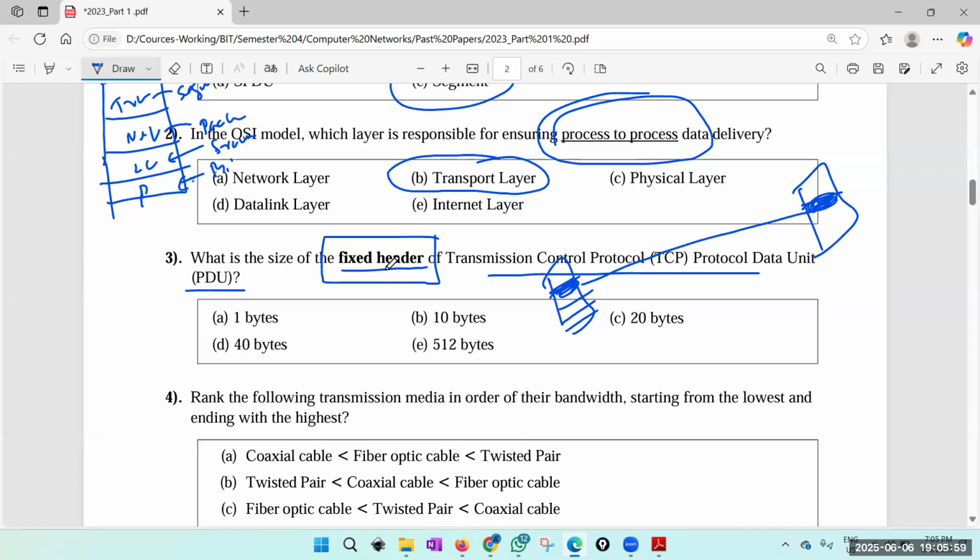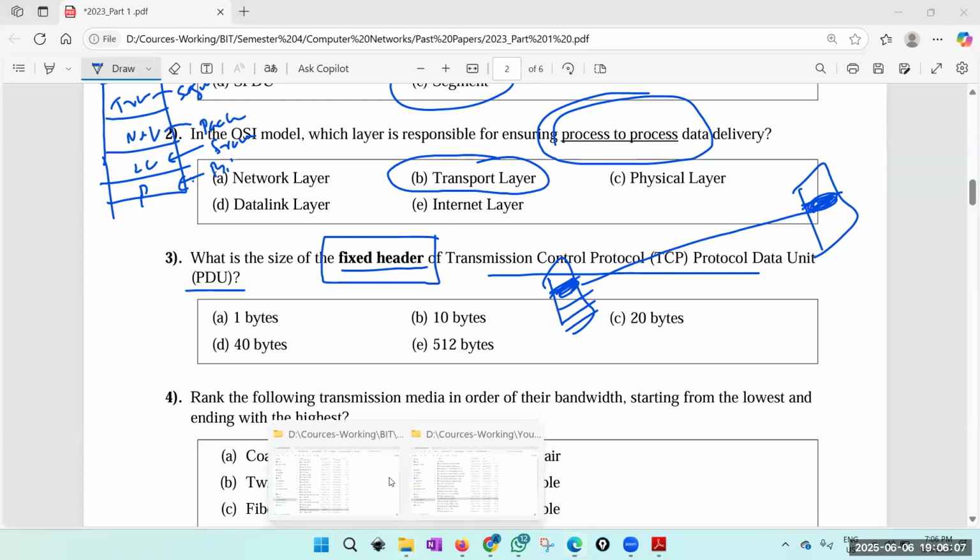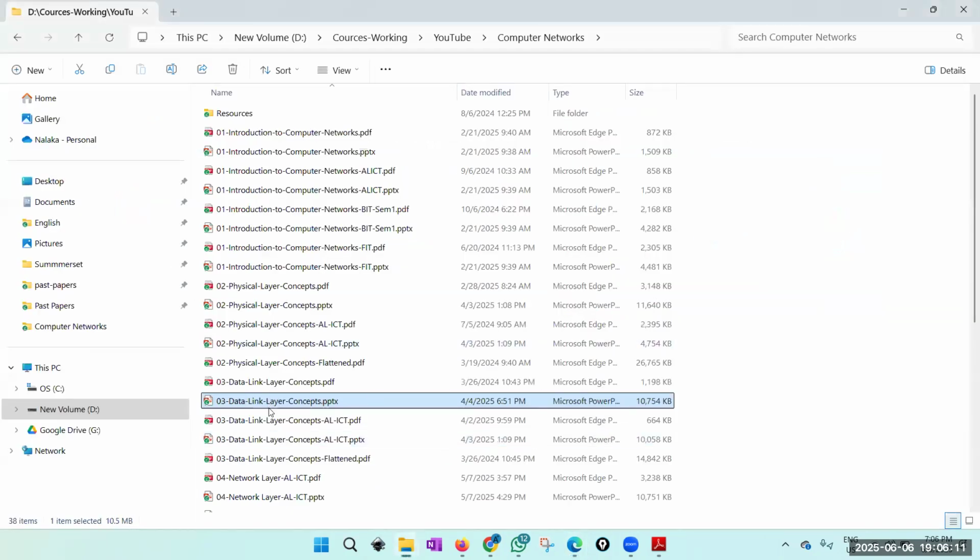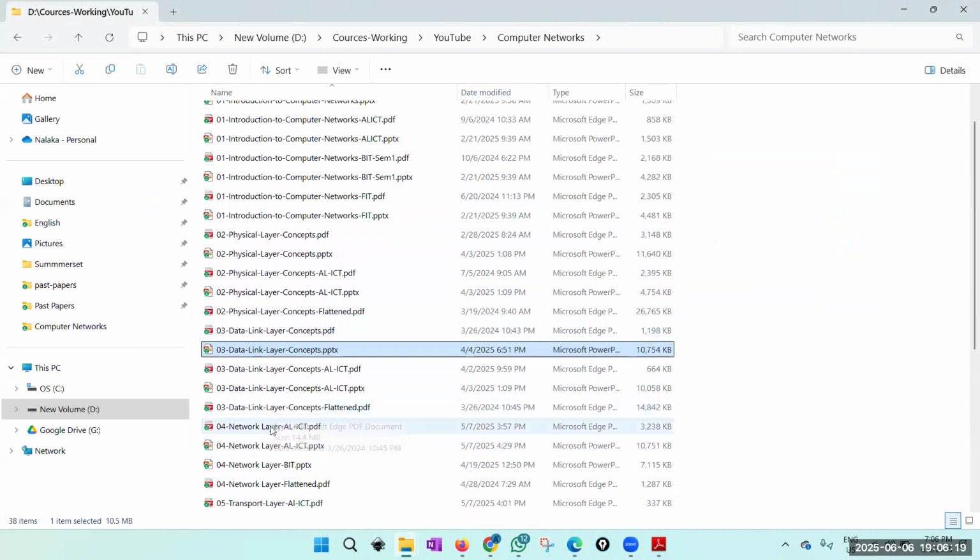Of course, the UDP header size is small, the TCP header size is big. What was the exact value? I can't remember exactly. Definitely it must be in your note. So let me open the note. It should be in your transport layer concepts.